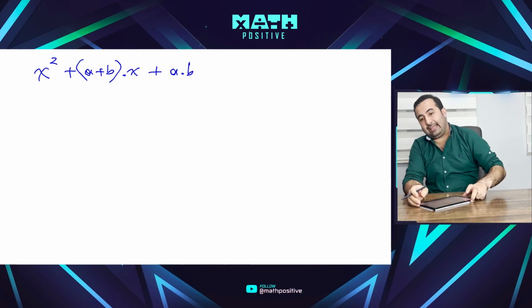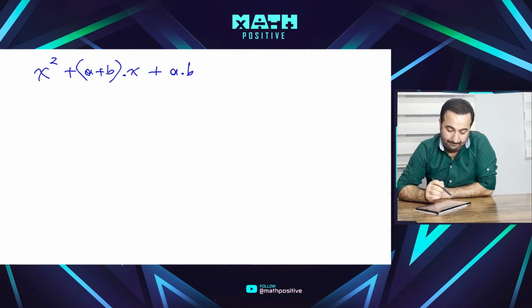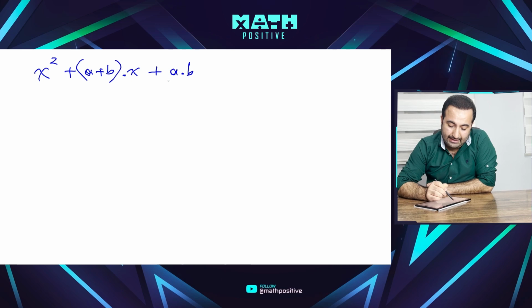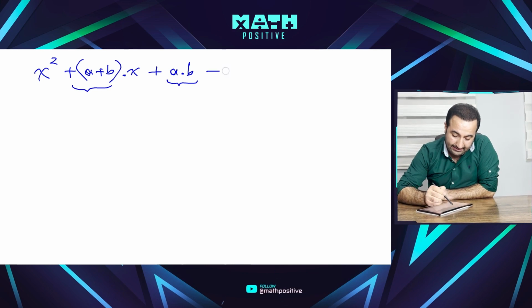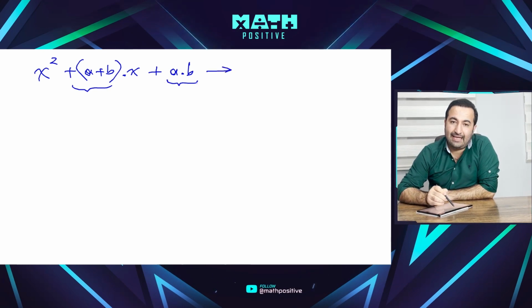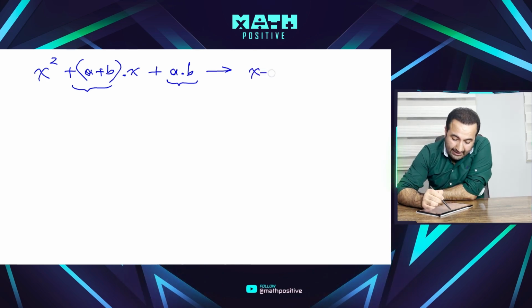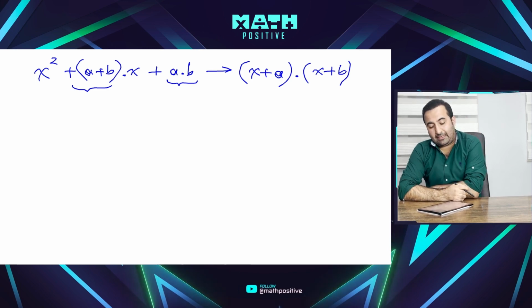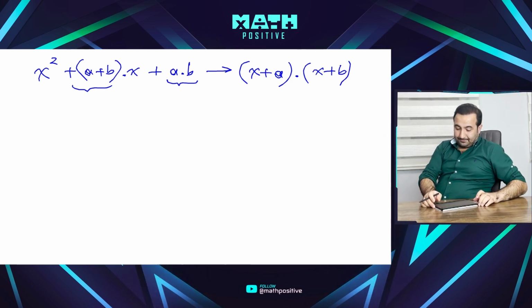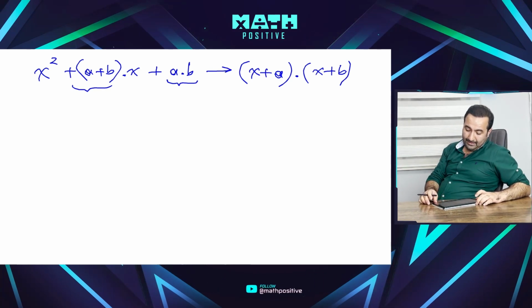It doesn't matter whether they are numbers or letters. The method is finding two numbers whose product equals this side and whose sum equals this side. This is the product of a and b, and this is the sum of a and b. So we have x plus a times x plus b. Okay, you see, factorizing is not a problem for us from now on.